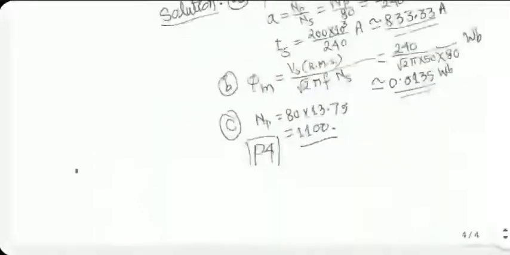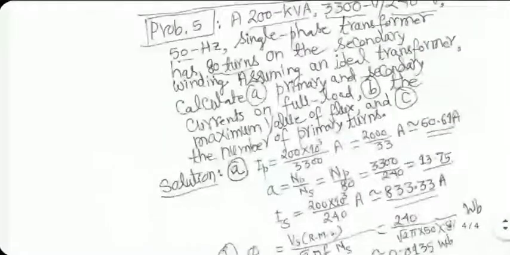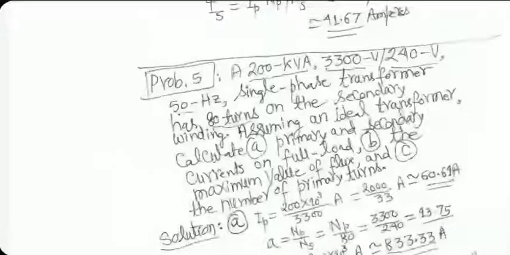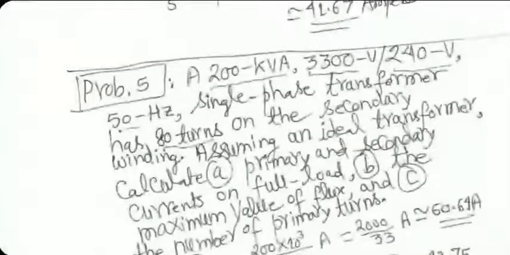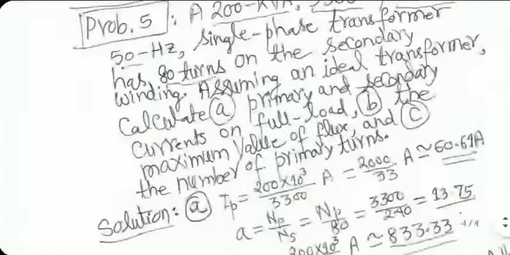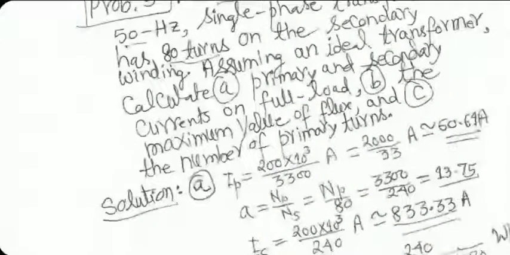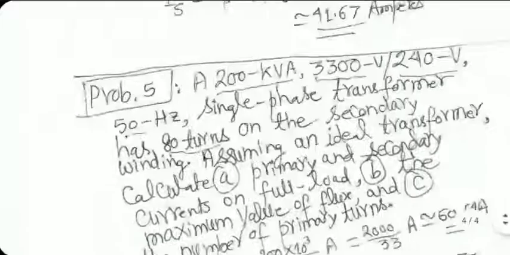Maximum value of the flux and the number of primary turns. You again begin with the kVA rating. 200 multiplied by 10 raised to the power 3 divided by 3300 gives you the primary full load current. a is NP by NS.